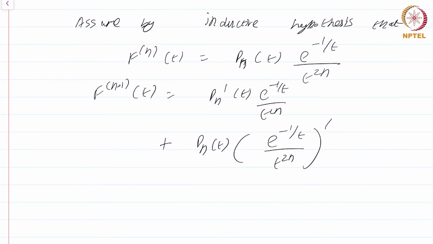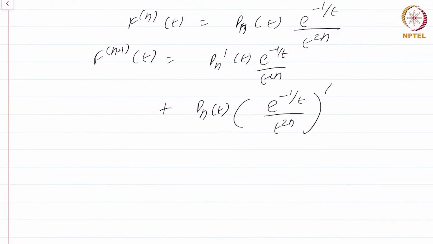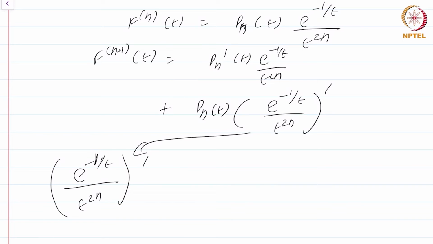Now how do you differentiate this? I'll just concentrate on this term, e power minus 1 by t by t power 2n. The derivative of this is going to be nothing but e power minus 1 by t divided by t power 2n plus 2. I'm essentially differentiating the numerator, e power minus 1 by t, which gives minus 1 by t squared and another minus sign. Both get cancelled, so I get 1 by t squared.